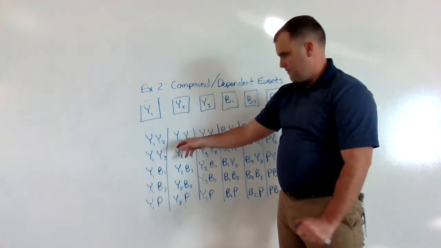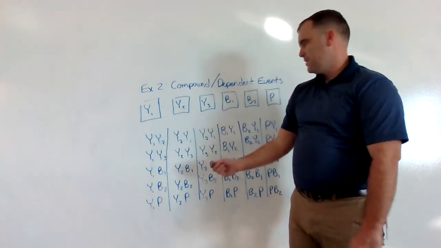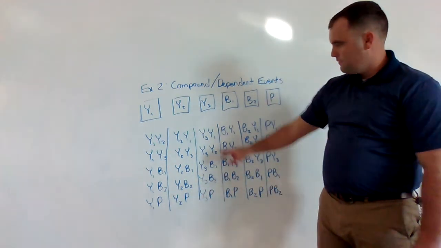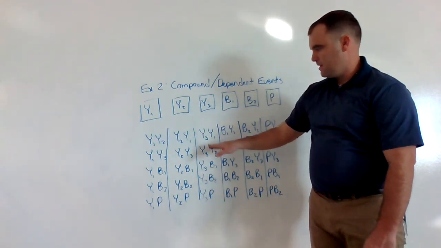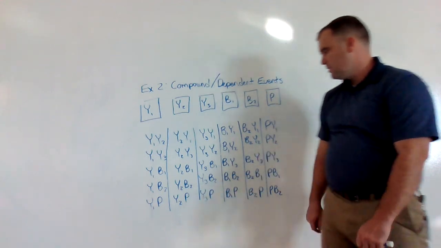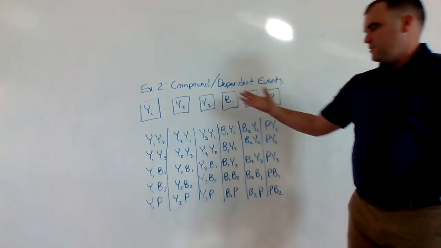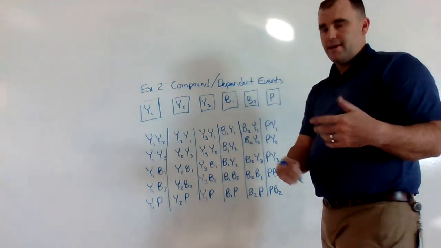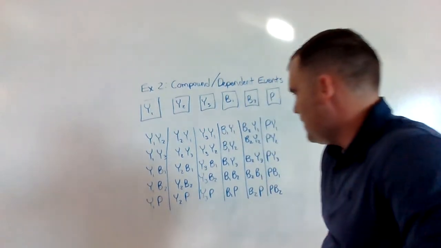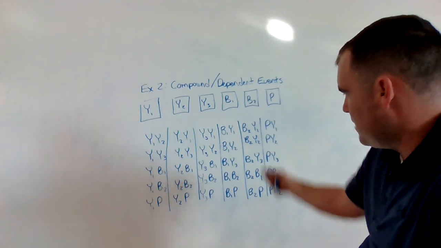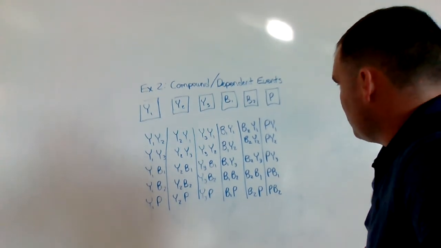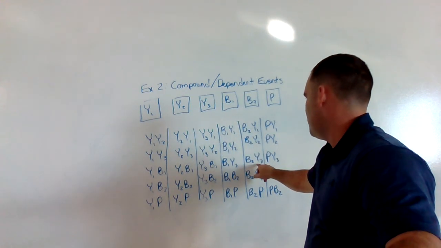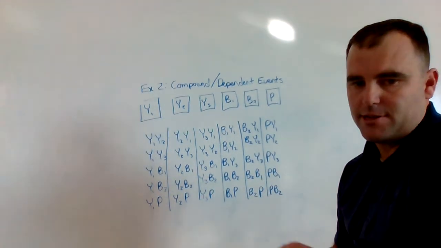If yellow 2 is drawn first, the second card can be yellow 1, yellow 3, blue 1, blue 2, or purple. If you draw yellow 3 first, it can be yellow 1, yellow 2, blue 1, blue 2, purple, and so on. So these are all of the 2-card possibilities that could occur if I have 6 cards in my hand and I hold them out to you. And what if I draw blue 2 first? Well, there are 5 more possibilities for that second card.